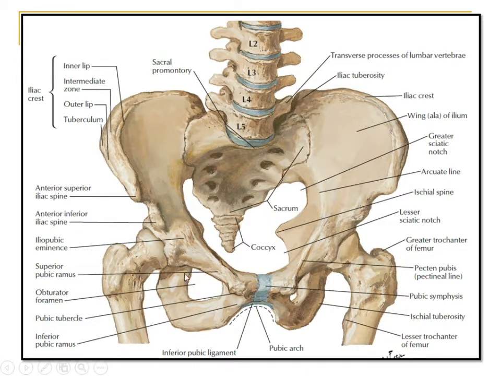Two bones on the lateral side, on either side, are the hip bone, which consists of ilium, ischium and pubis, and in the midline it consists of the sacrum and the coccyx vertebra.